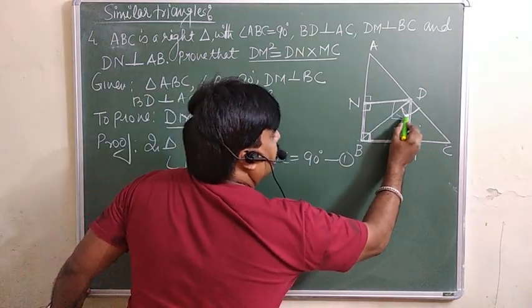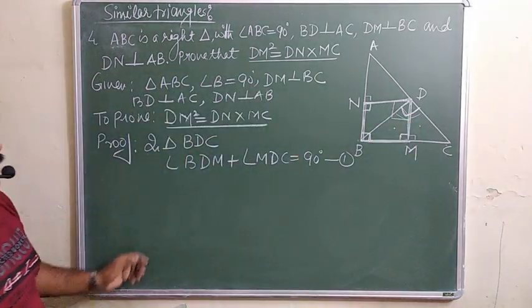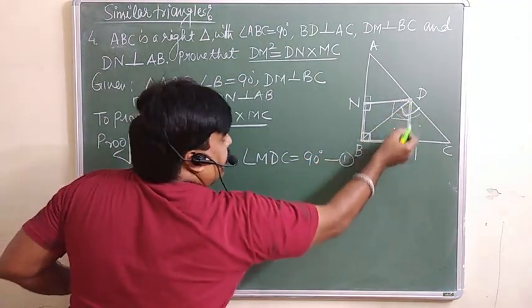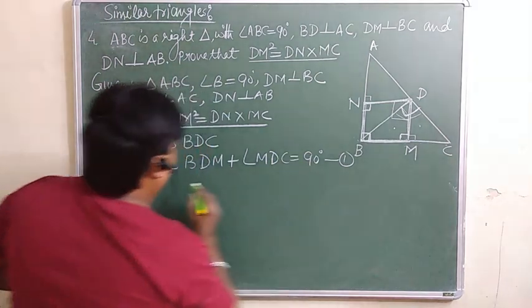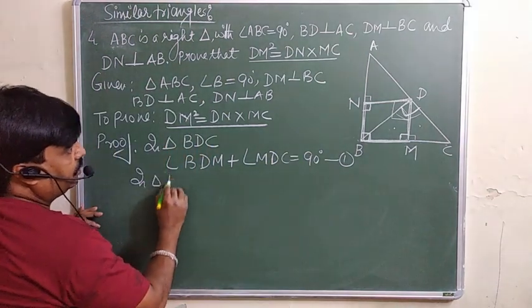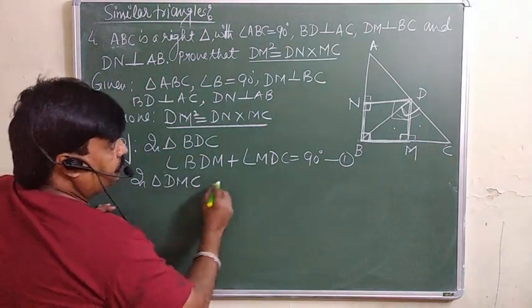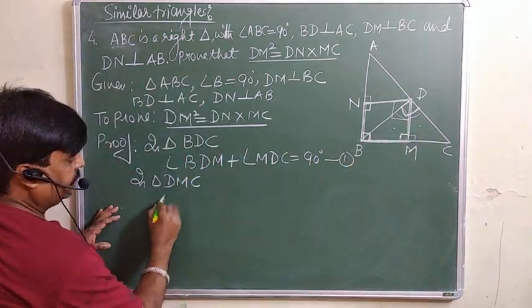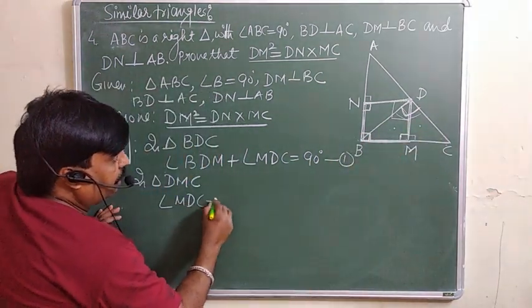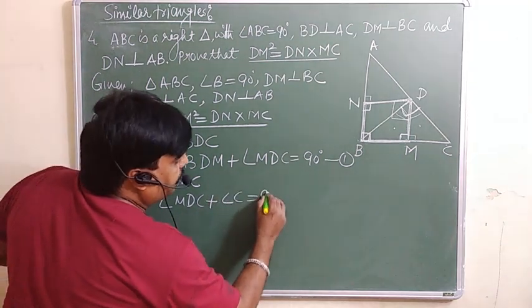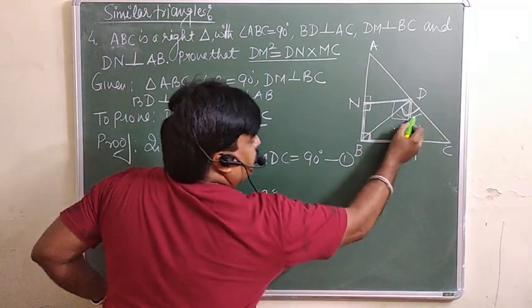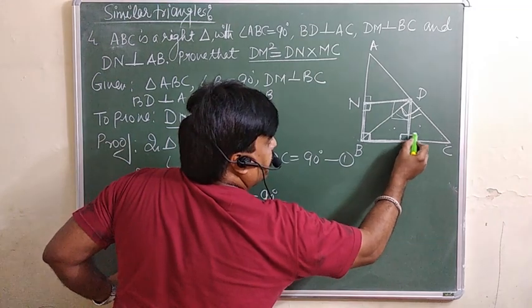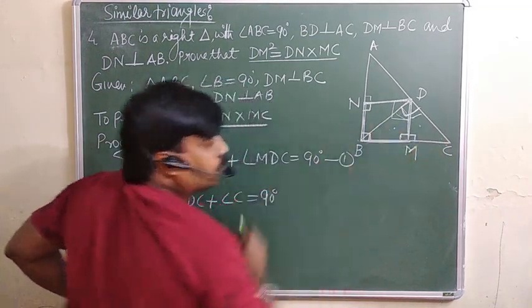This angle plus this is 90. Similarly, now you can take in triangle DMC. What you will get? Angle MDC plus angle C will be equal to 90. Because sum of these three angles is 180. This is already given 90. So sum of these two will also be the 90.